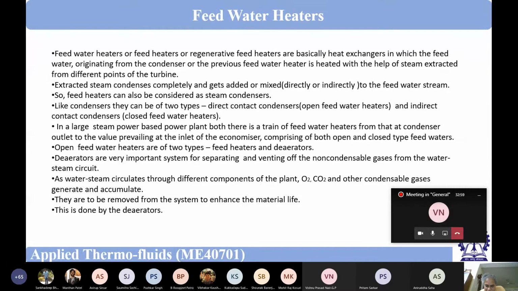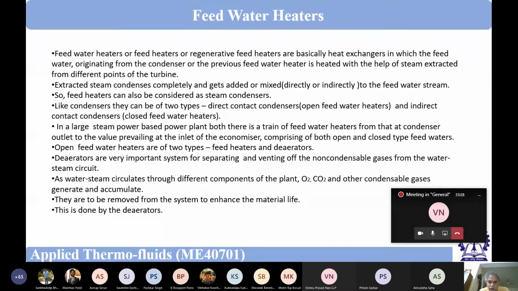Now, in a nutshell, what I would like to say is that on the prima facie, though open or direct contact heat exchangers have many advantages, only in small power plants are direct contact condensers sometimes used. Otherwise, generally surface condensers are used, because then you have better control over the vapor phase and the liquid phase.